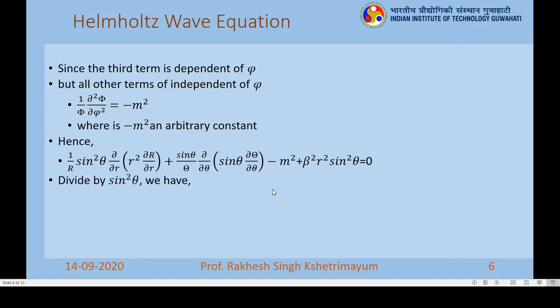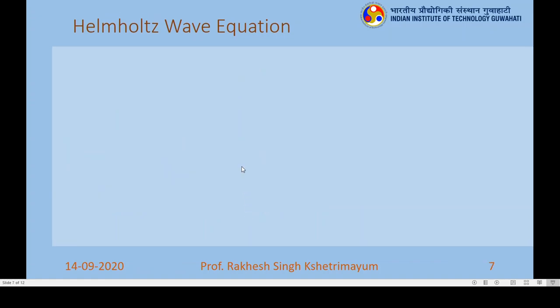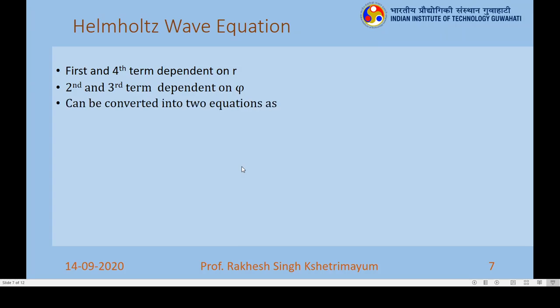Now looking at this equation, after dividing by sine square theta everywhere, what do I get? The first term is totally dependent on r. The last term is totally dependent on r. And the second and third terms are dependent on theta. So in that case, I can convert this wave equation into two separate equations.